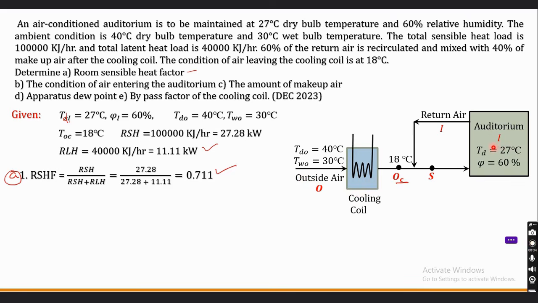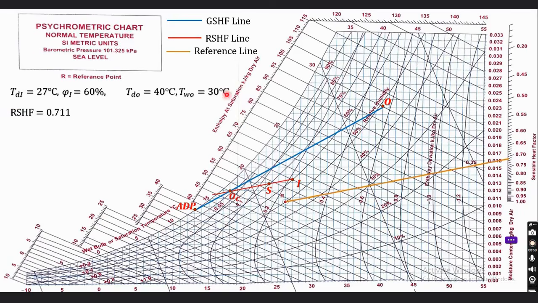So this cooling coil has to handle the room latent heat, room sensible heat, and also the outside air total heat, that is nothing but the grand total heat. So the cooling coil has to handle the grand total heat. That's why we plot the line starting from the O point and join it up to OC. So this is the line of the grand sensible heat factor, right?